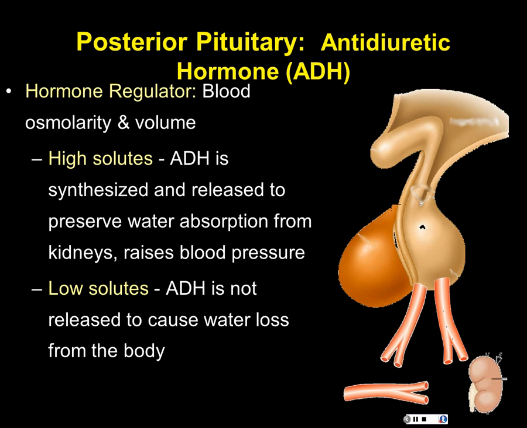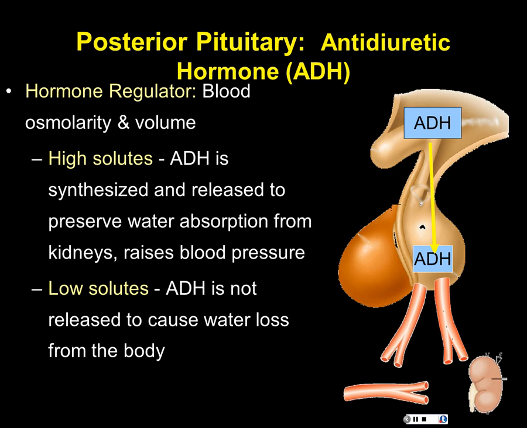So how would I draw this? ADH is made where? What structure are we in? It's made in the hypothalamus, transported and stored in the posterior pituitary. It's released primarily when solute concentration is high.